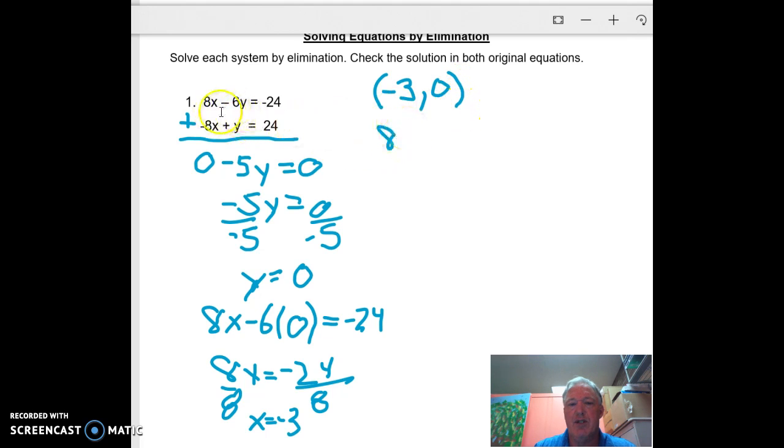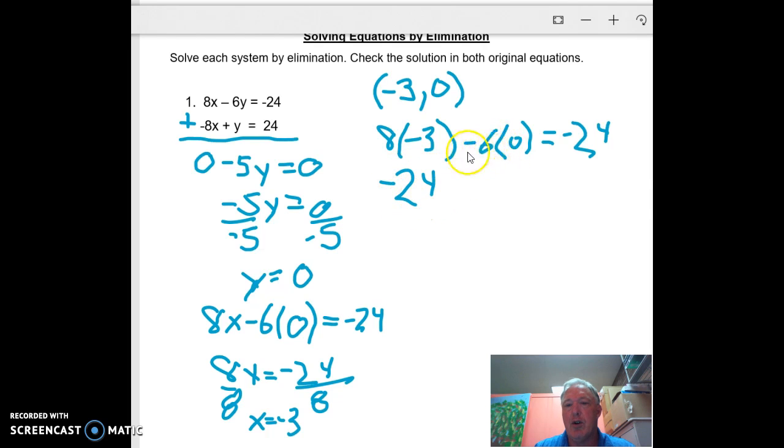Instead of writing x, I'm going to put what x is equal to: 8 times negative 3, minus 6 times 0, which is what y is equal to, equals negative 24. 8 times negative 3 is negative 24. Remember, we did this earlier. Negative 6 times 0 is 0, so we don't even have to write anything down. And we have negative 24 equal to negative 24. So that's correct.